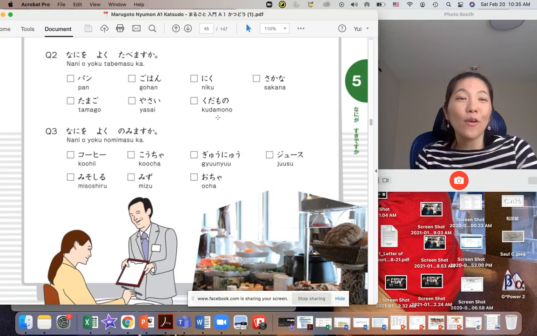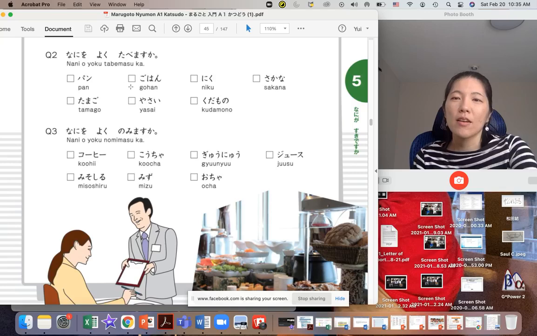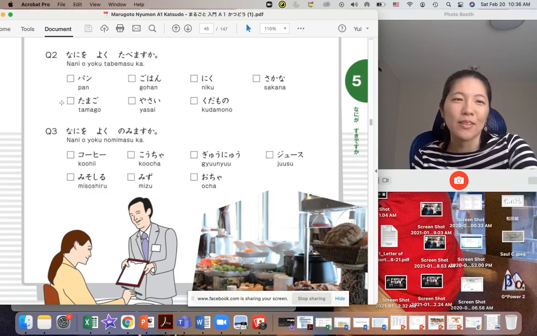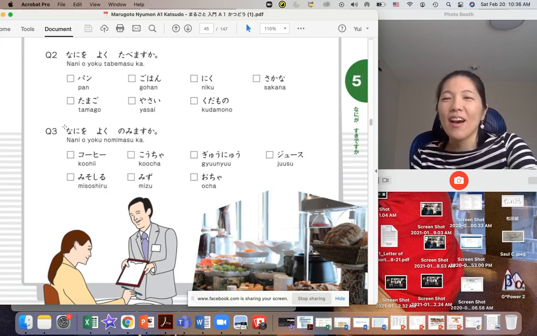So what do you often eat at breakfast? You say, oh, I eat bread, パンと卵をよく食べます. So I eat bread and eggs. I eat oatmeal these days. But we don't have the option, so just put something, right?